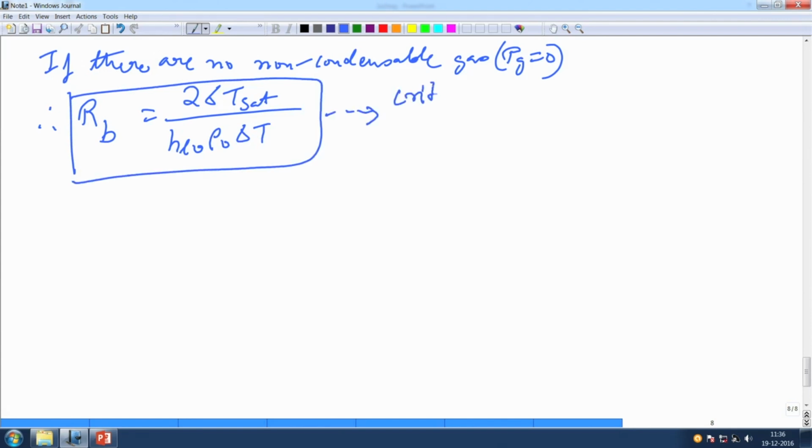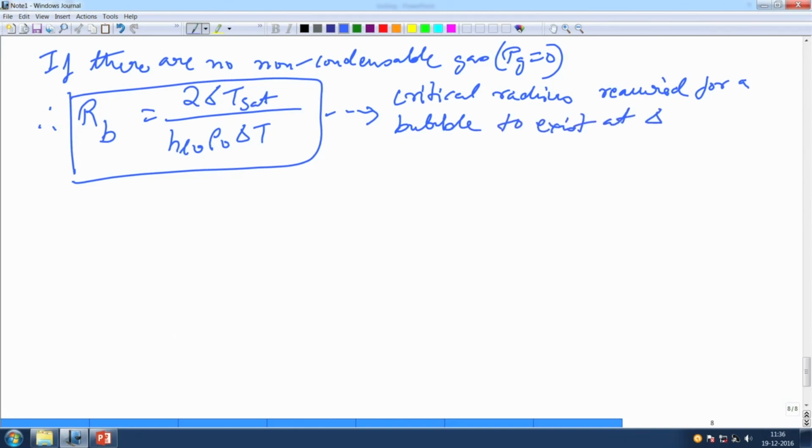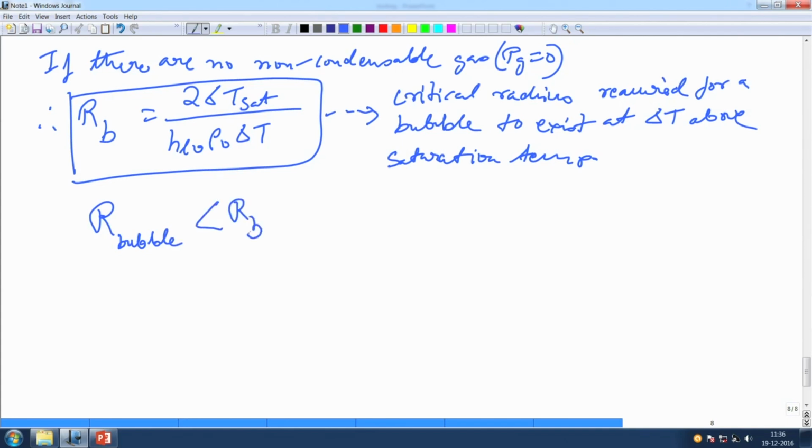This is the critical radius required for a bubble to exist at delta T above the saturation. If R bubble is less than RB, it collapses.